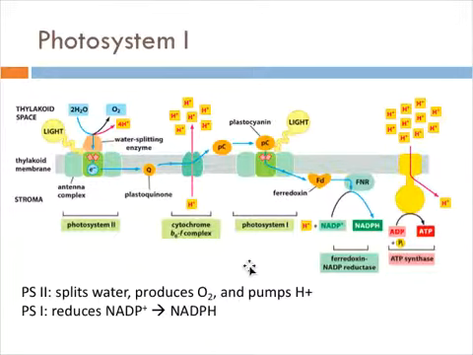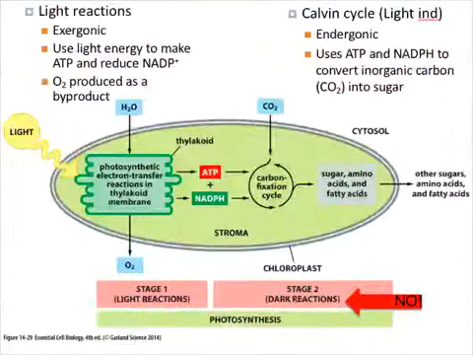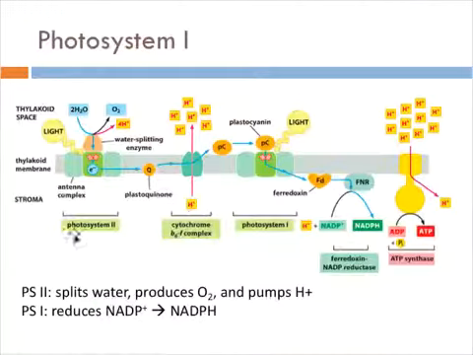The goal of photosystem 1 is to make NADPH. If you go back to the beginning, we said the goal of the light reactions was to make ATP and NADPH. There's our ATP, and there is our NADPH.